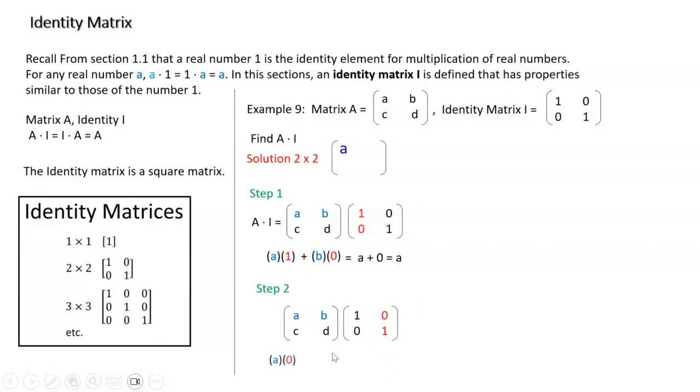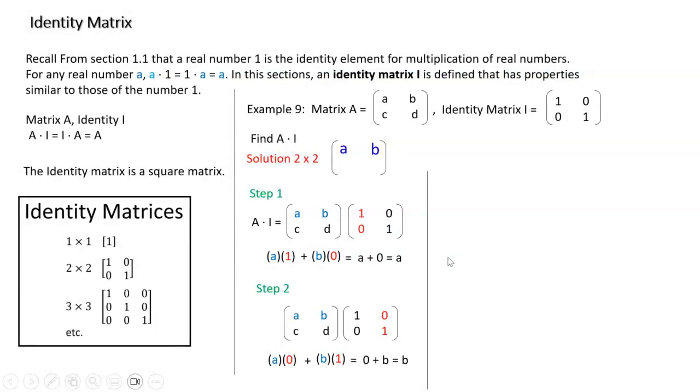A times 0 plus B times 1. A times 0 will give us 0, and B times 1 will give us B. So the answer will be B. So this belongs to the first row, second column. There's my B. Now, we have no more columns in the second matrix, so we stop with the first row.